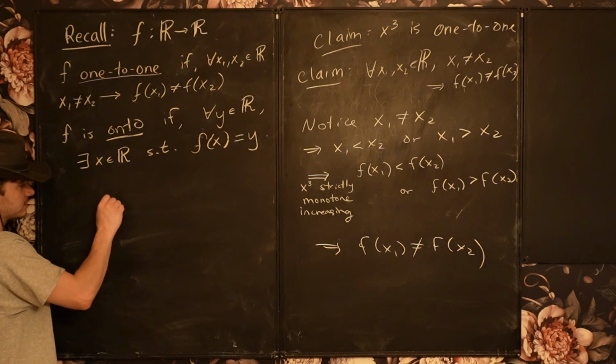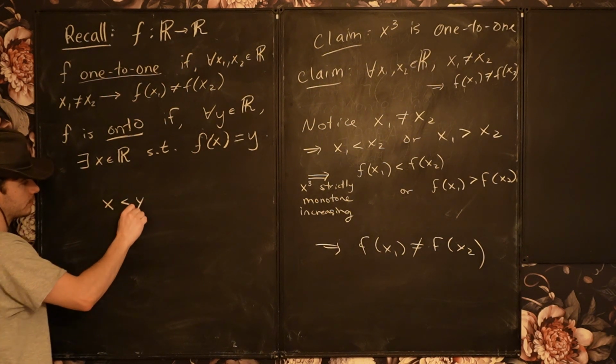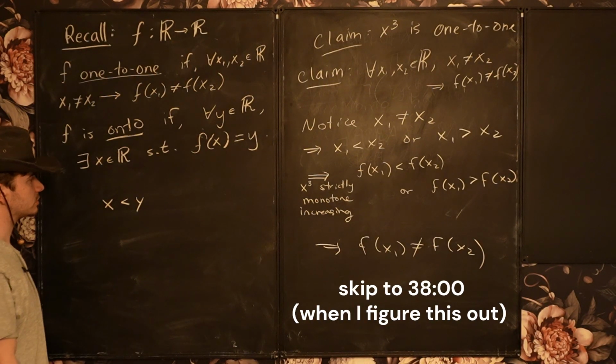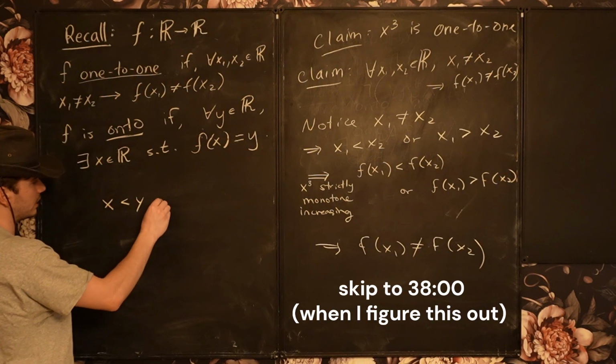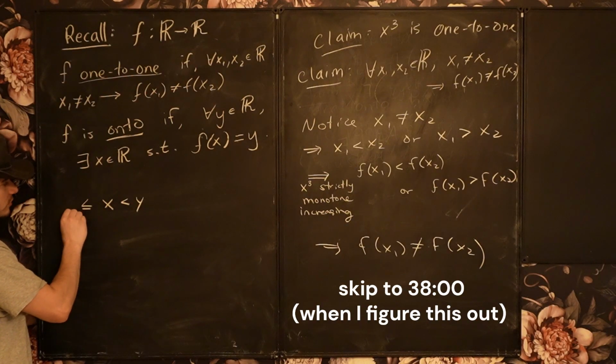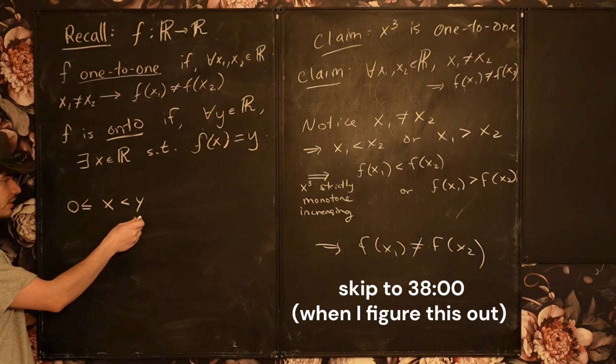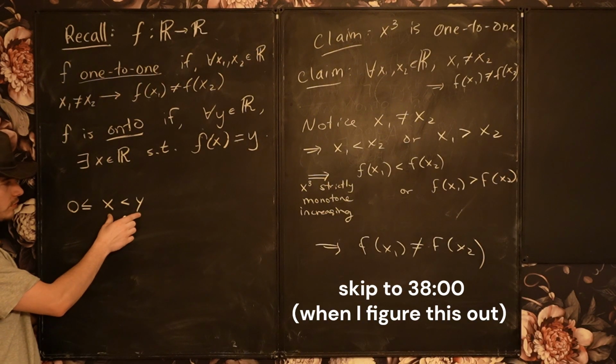So if I have x less than y, how do we show that x cubed is less than y cubed? Well, if we assume that both of these are non-negative, then I know that x is a positive number, okay? And y is a positive number.